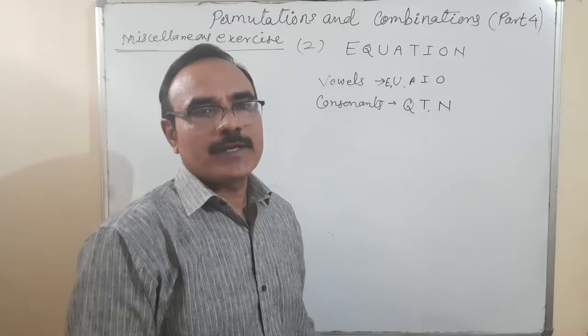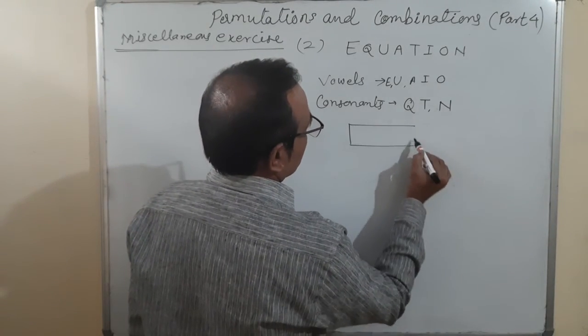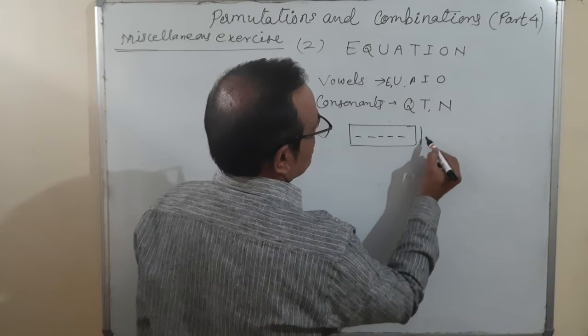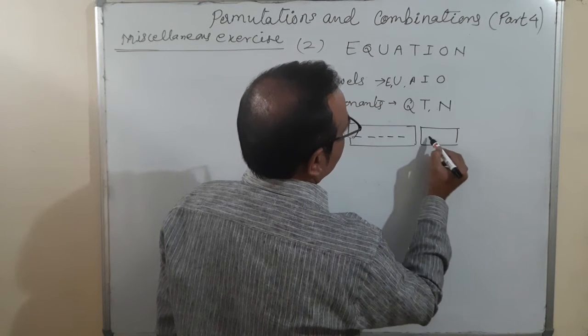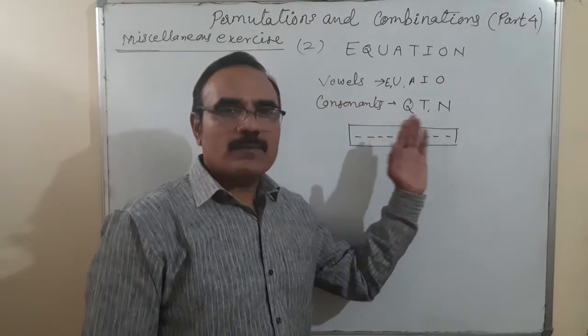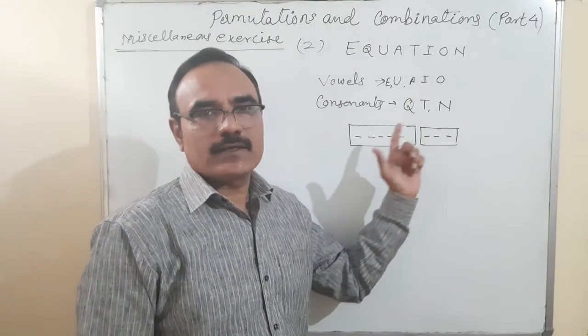So we have to put them together. This is the place for vowels, and this is the place for consonants. They can change their place in 2 ways: either the vowels can come first or the consonants can come first.